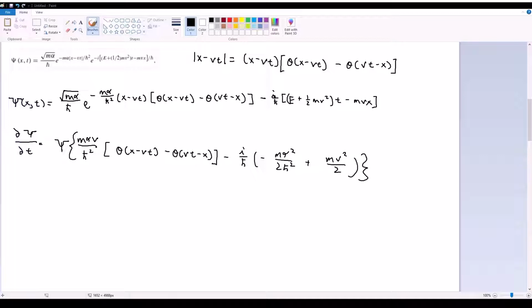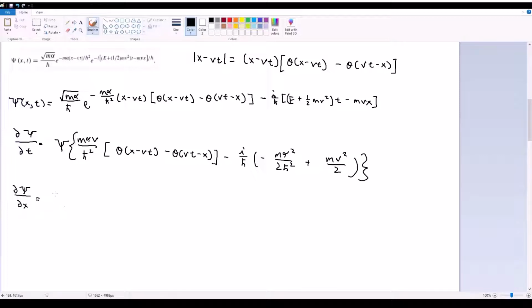Okay, now let's do the derivative with respect to x. So dψ/dx is going to equal, same thing as before, square root m alpha over h bar at the front times, in fact, you know what? I'm just going to take a shortcut here because we've already done this song and dance once.